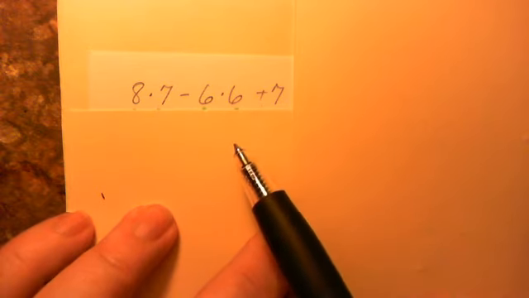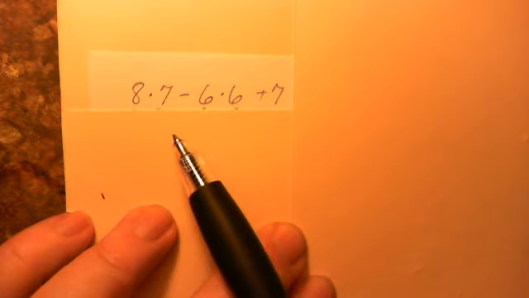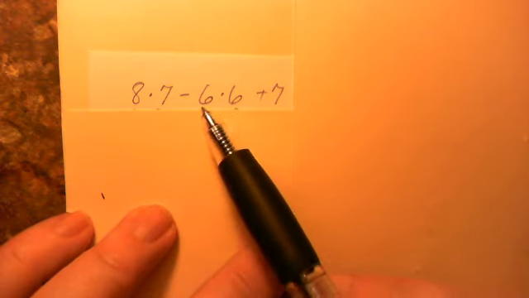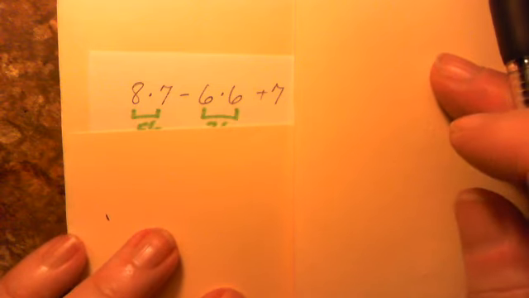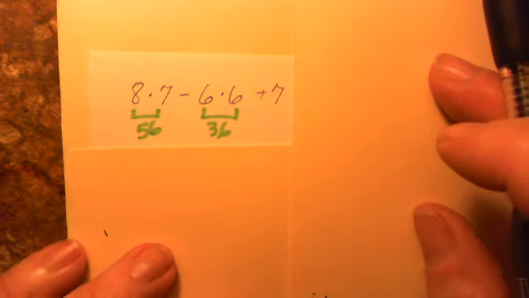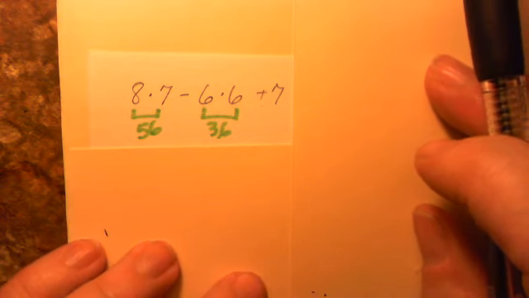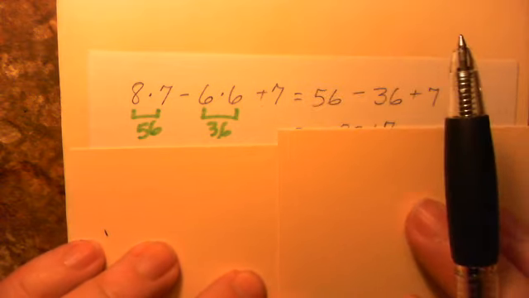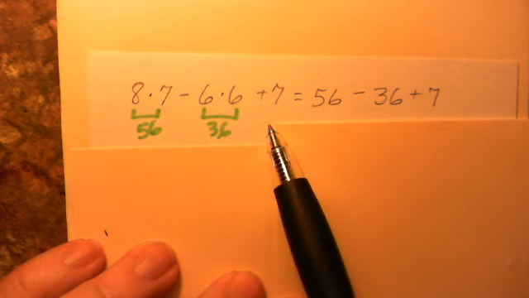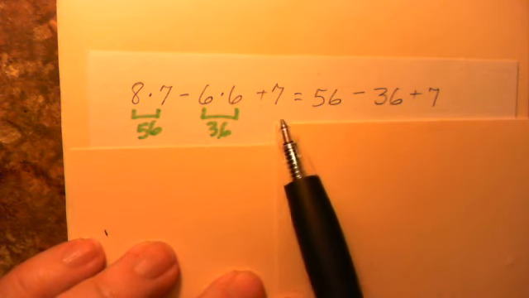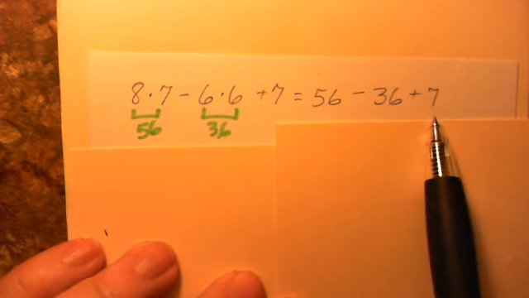Using PEMDAS, we know that multiply comes before subtract or add. So we perform that multiplying. 8 times 7 gives us 56. 6 times 6 gives us 36. Then we can rewrite the expression as 56 minus 36 plus 7.